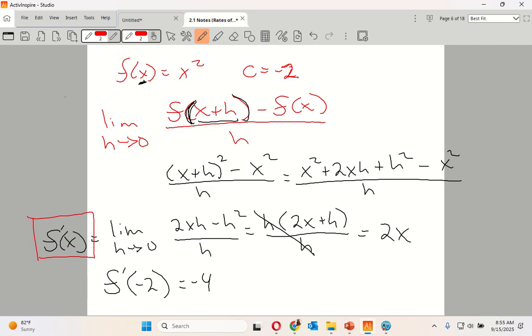Rate of change is the slope. It's miles per hour. So is f prime the rate of change or the equation for the rate of change? It's the equation for the rate of change. So we know a rate of change at a singular point. We have to ask what the point is to be able to find out what that rate of change is.